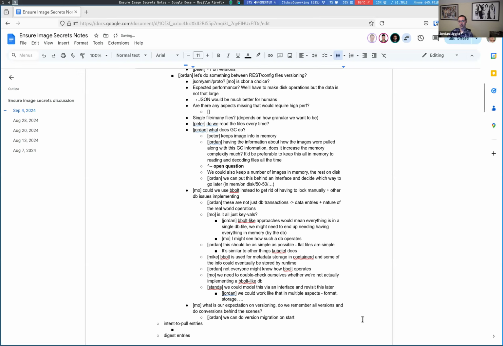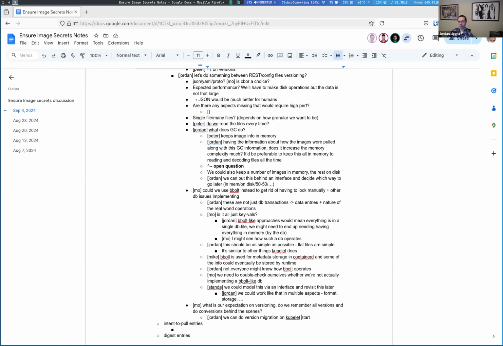So we have beta 1, beta 2. After there's been a version bump, the kubelet can, as part of its initial startup, say, all right, I'm going to go look for things in beta 1 format, and as part of my initialization, update them to beta 2. So there's an opportunity to do a migration if it would be useful to clean up the old stuff.